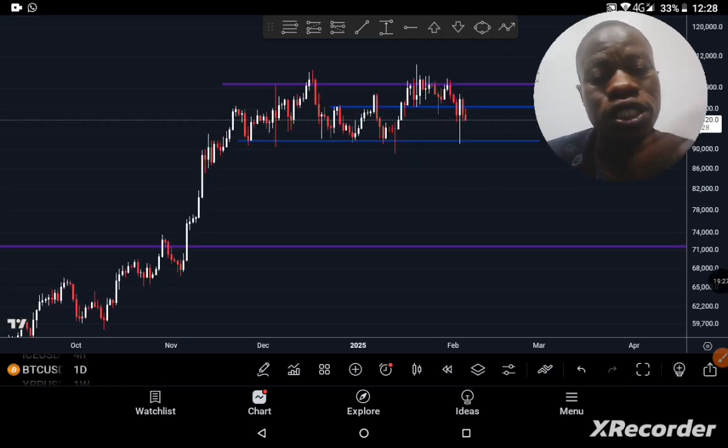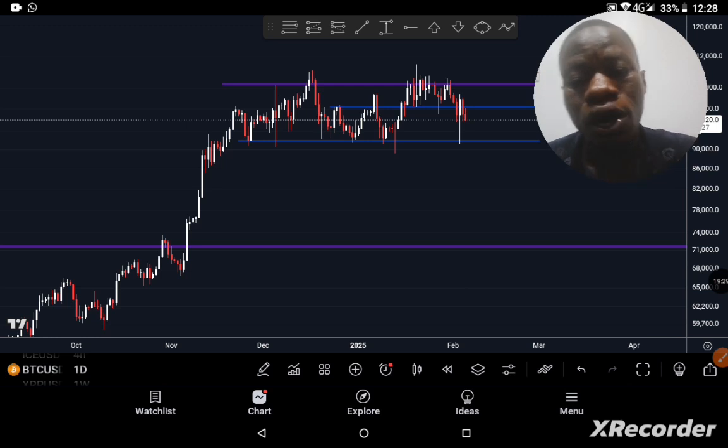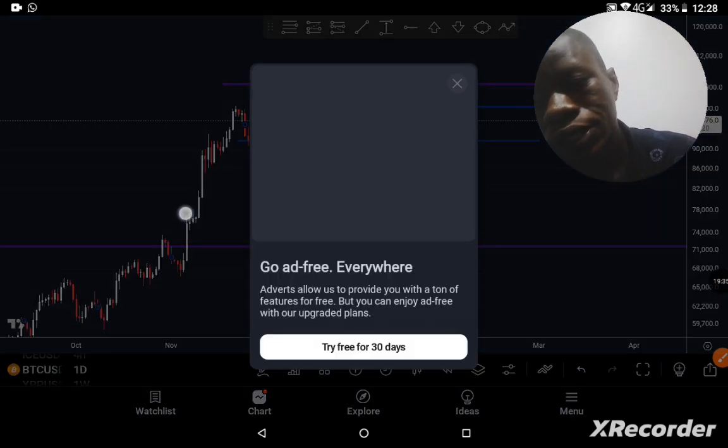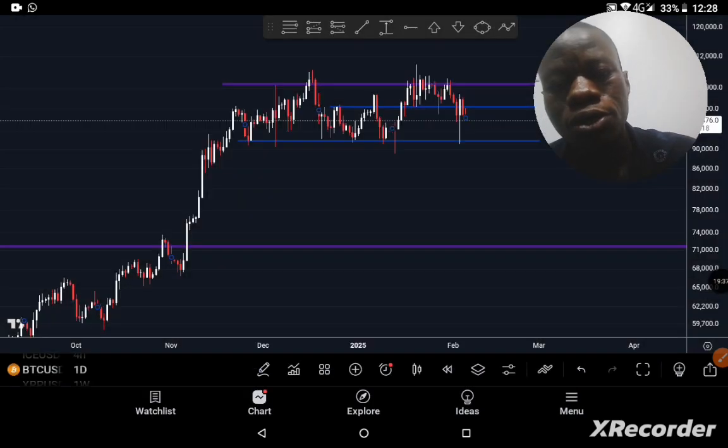The fundamental pushes the market. All these big candles that you are seeing, if you check, you see that it's around that December. That was when Trump was inaugurated, or I think when he won the election actually. So you can see the effect on the market. It pushes the market. But as a technical analyst, this is a level here.